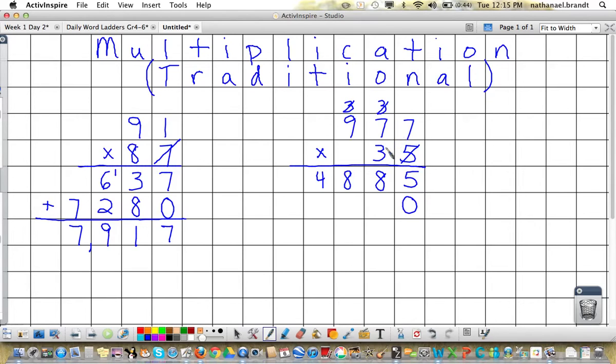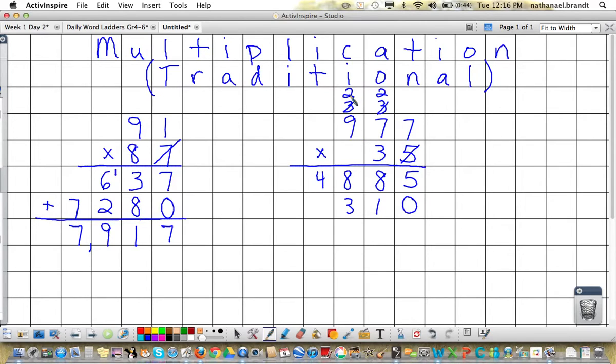So ones place times tens place. 7 times 3 is 21. Plus this 2 is 23. We put our 2 up here. And we have the hundreds place times the tens place. 9 times 3 is 27.